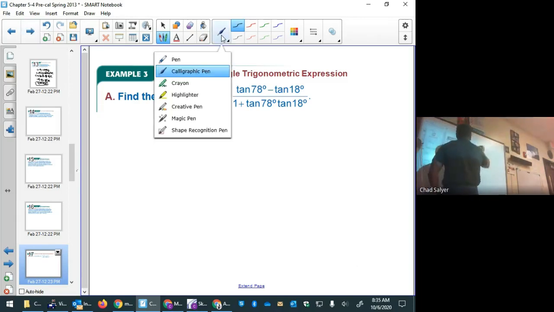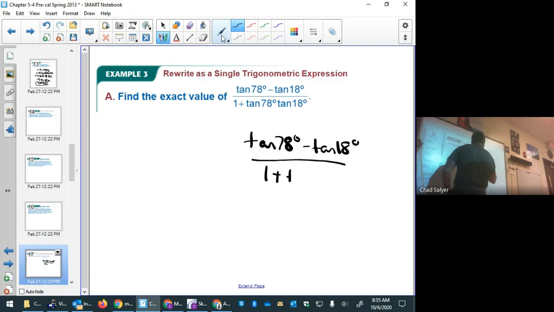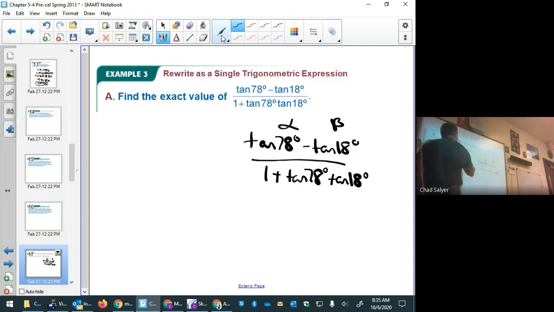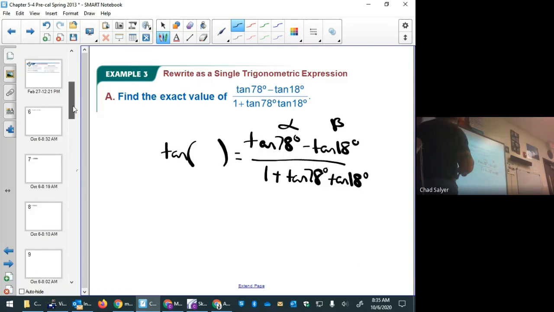So what we've got here is one of those formulas related to the tangent. We have to figure out which. And where alpha is 78 and beta is 18. So notice it's a difference in the top and a sum in the bottom.